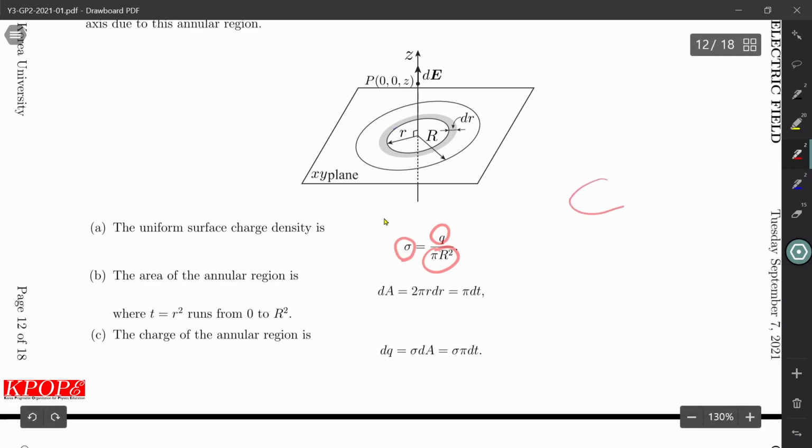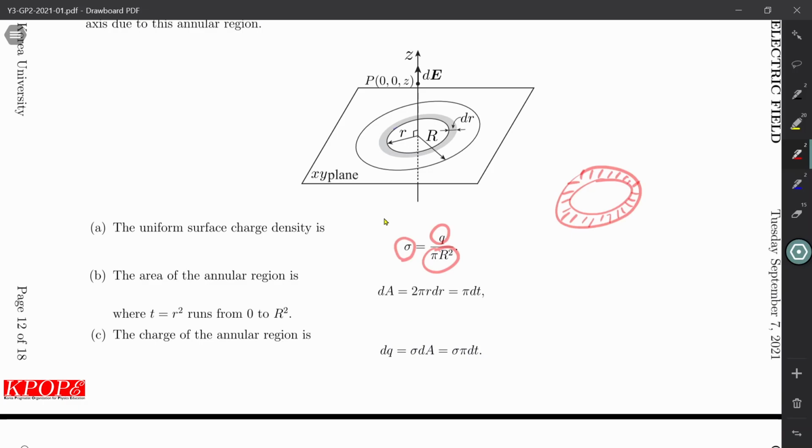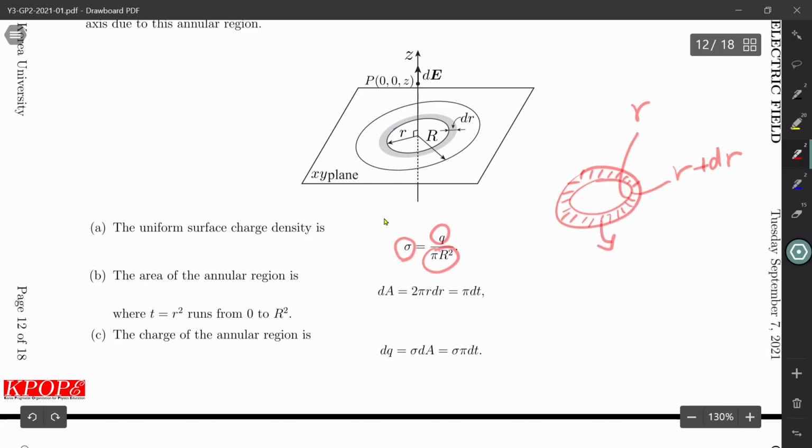The area of an annular region, with inner circle of radius r and outer circle of radius r plus dr, is 2 pi r dr, right?